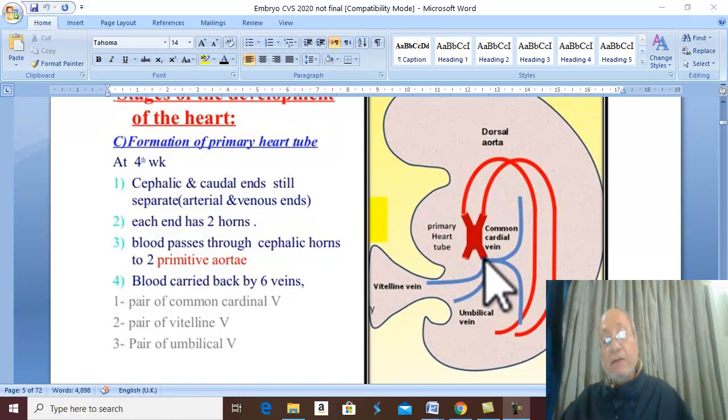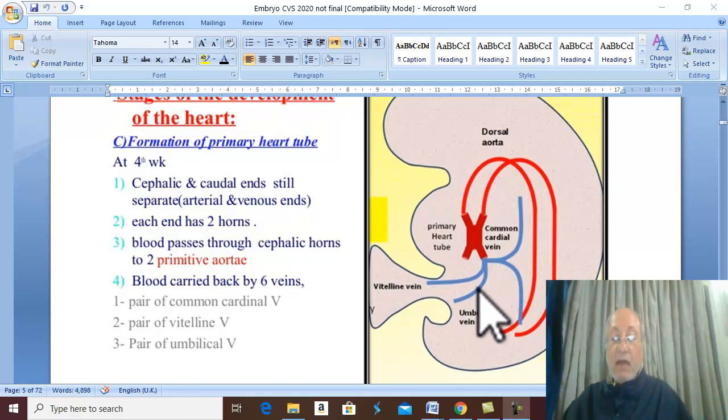The 3 veins are the common cardinal vein, which receives the anterior cardinal and posterior cardinal veins. The two veins unite to form a common cardinal vein, and this vein drains the body of the embryo.